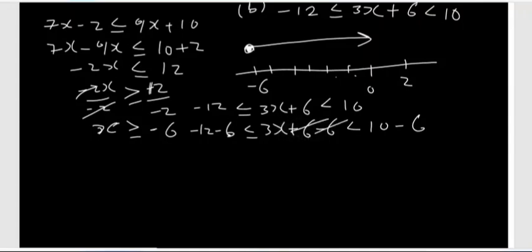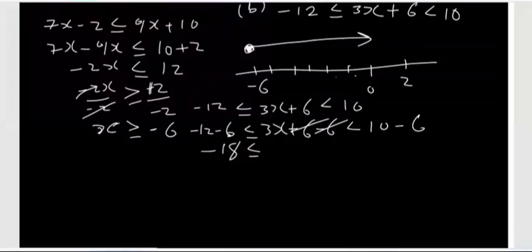This plus 6 and minus 6 will go. Minus 12 minus 6 gives us minus 18, which is less than or equal to 3x, then 10 minus 6 is 4. So we have achieved that. What do we do again? The coefficient of x is 3, so we divide both sides by 3.